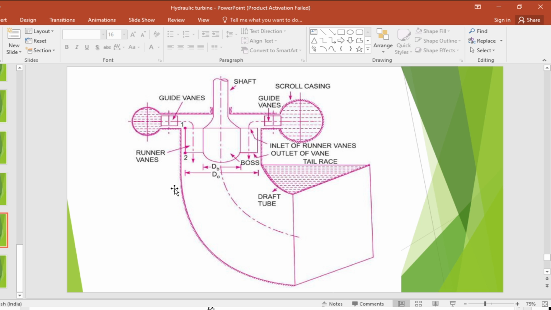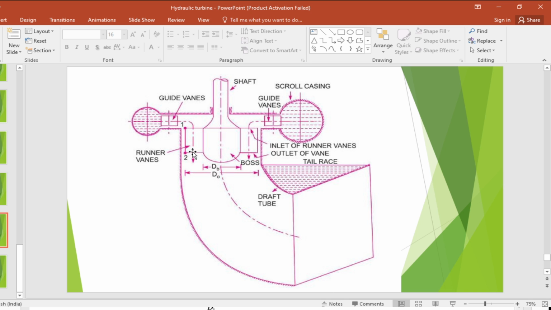These are the components of your Kaplan turbine, where the draft tube is shown, the scroll casing is shown, and guide vanes are shown here and here. Also the shaft is highlighted, in which the boss is there. These are the runner vanes.